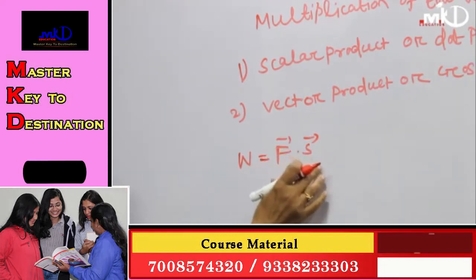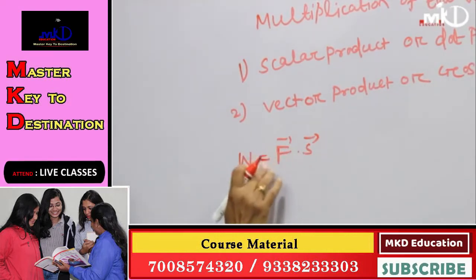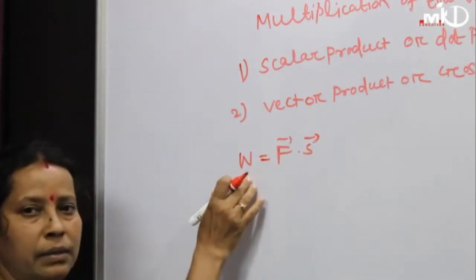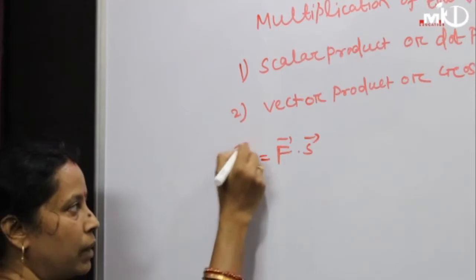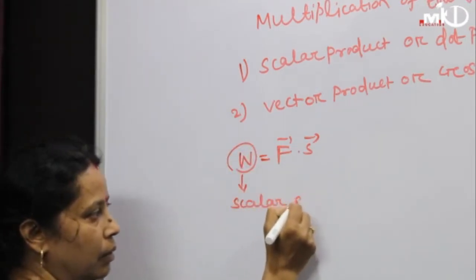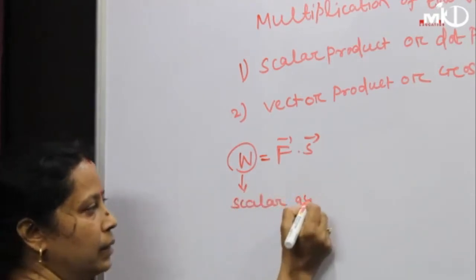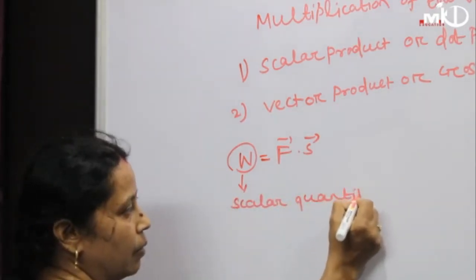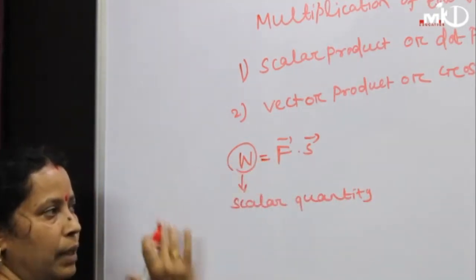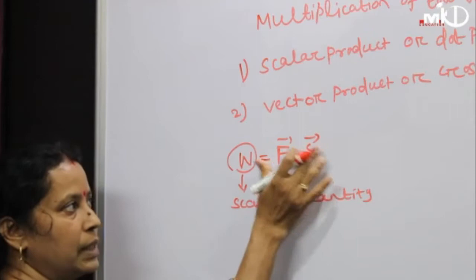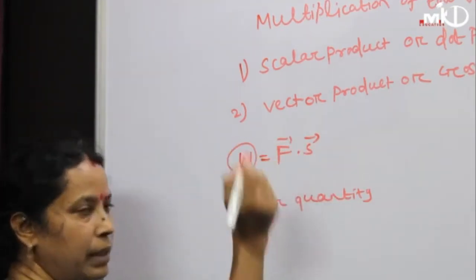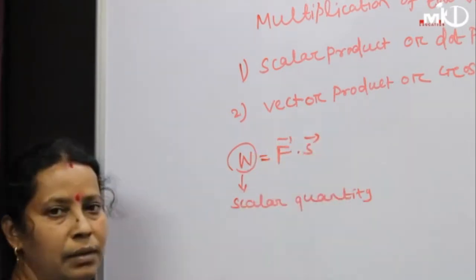Whenever we take the product of force and displacement, we get the work done, and this work done is a scalar quantity. Since the product of two vectors is a scalar quantity, it is defined as the scalar product, and it is denoted by a dot, so it is also called the dot product.